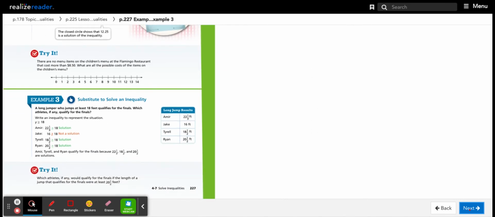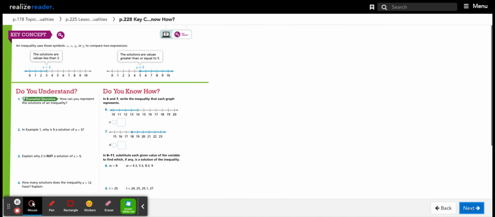Okay, so now we're just going to try some examples. And let's look at the key concept up here. An inequality uses these symbols, less than, greater than, less than or equal to, greater than or equal to, to compare two expressions. So the solutions are the values less than 3, right? X is less than 3.